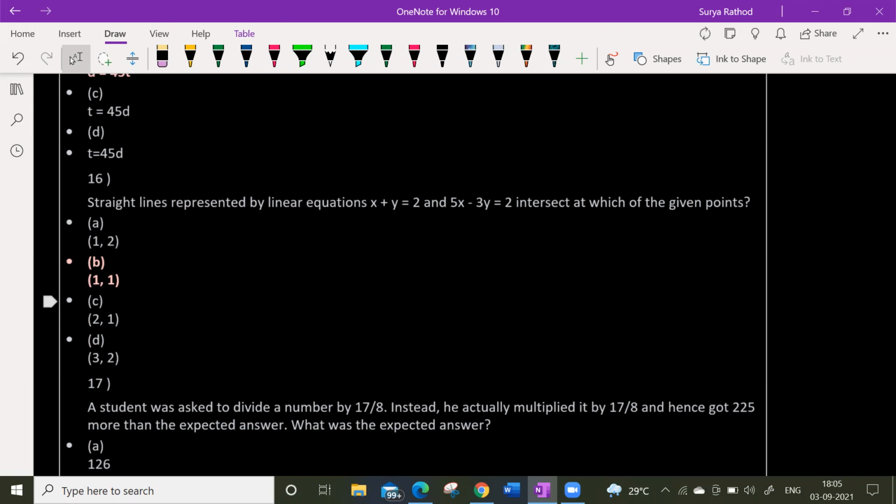So now then we have a quiz. Sure, it's B. Yes, sir, it's B. 1 plus 1 is 2 and 5 minus 3 is... So after this, can we have a quiz?